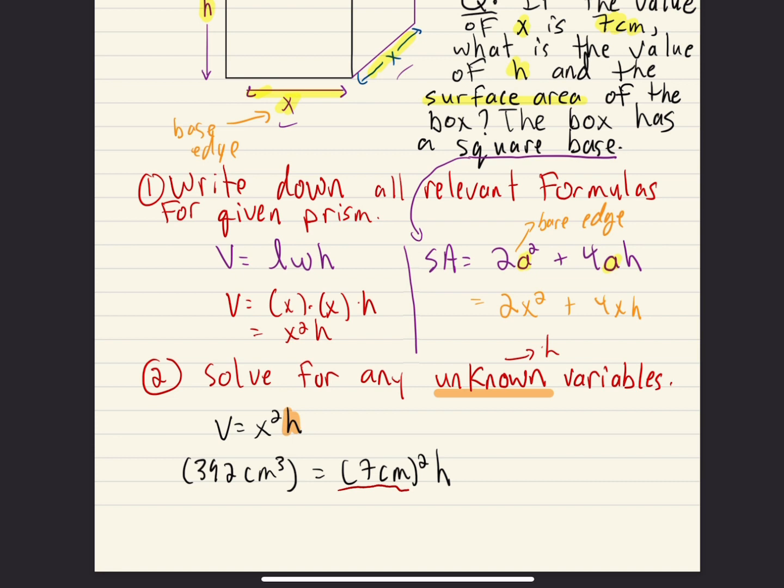We're going to isolate for h by dividing both sides by 7 centimeters squared, just like so. When you plug that into your calculator, you're going to get an h value of about 8.